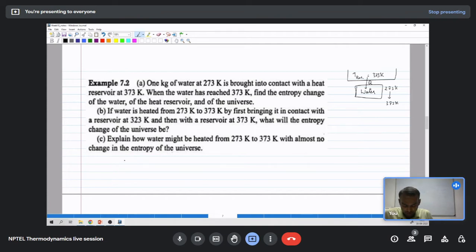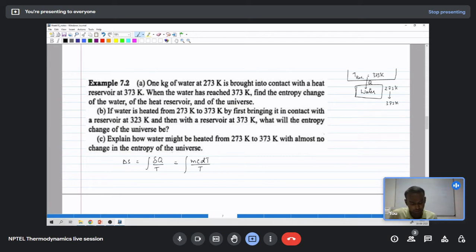entropy change delta S is given by the integral of del Q by T. Here del Q is given by mc dT, so it is mc dT by temperature over the integral.